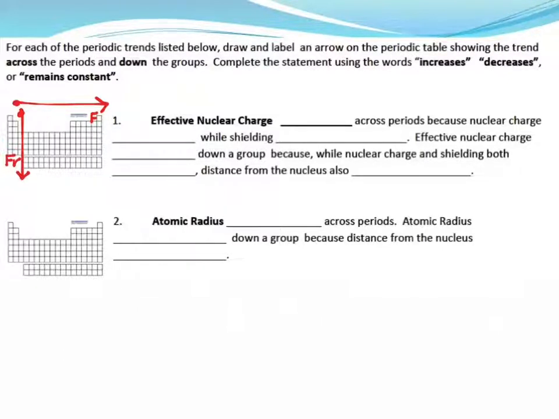All right. Effective nuclear charge. So as I go across the periodic table, we are increasing protons, right? We are increasing protons, which means our nuclear charge increases.